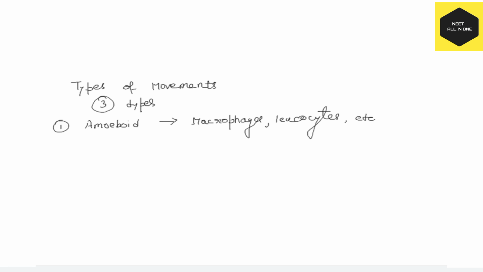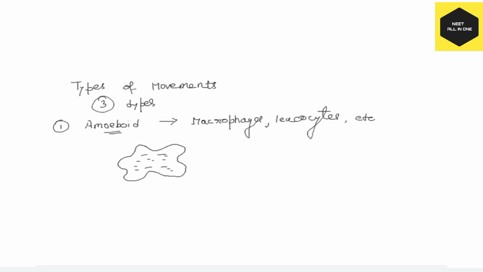Okay. Now what happens? This amoeboid term comes from an organism known as amoeba. What actually amoeba does is, amoeba looks something like this. It has no shape. Okay. And it has some fluid inside it which is known as protoplasm.